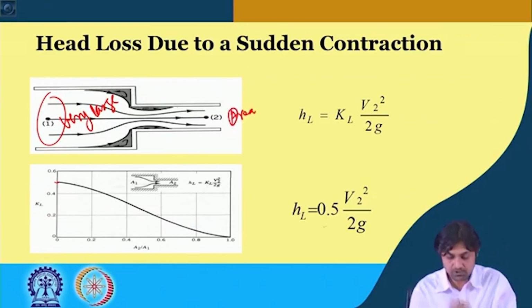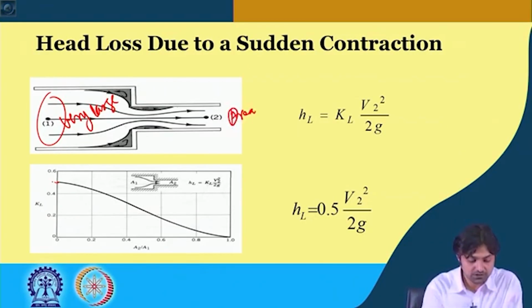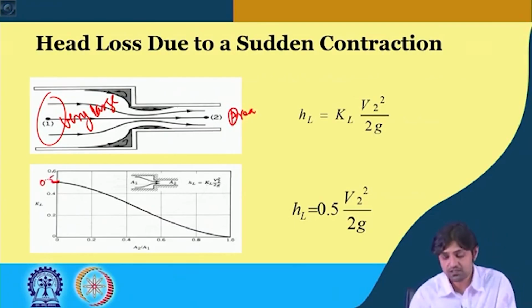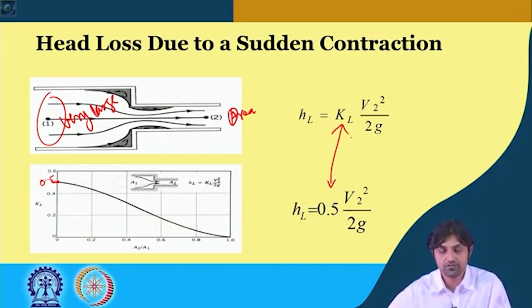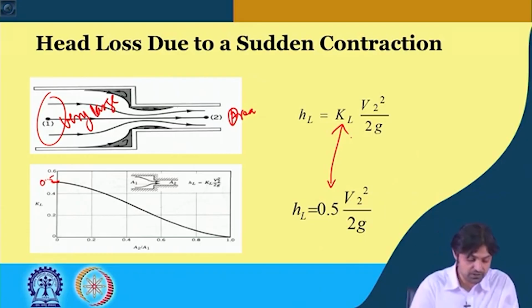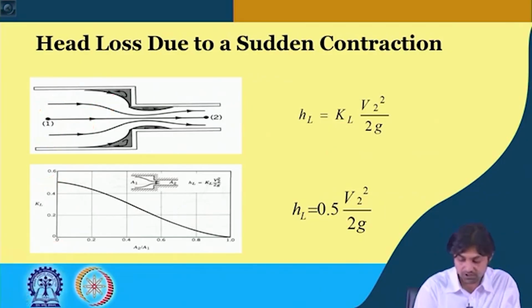In that case, according to the curve, this comes at around 0.5. So, when it is a sudden contraction, it will always be implied that you have to assume KL is equal to 0.5. Please remember this. In case of a sudden contraction, KL is 0.5 and V2 square by 2G when multiplied with this will give the minor losses.